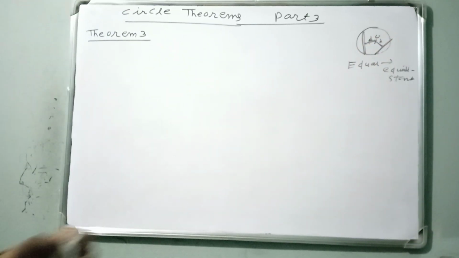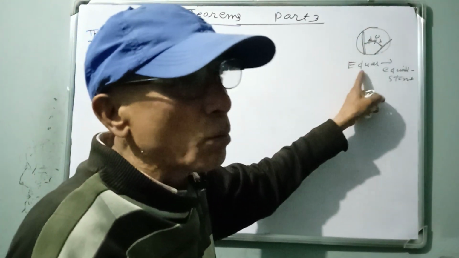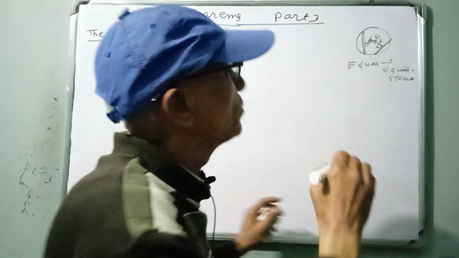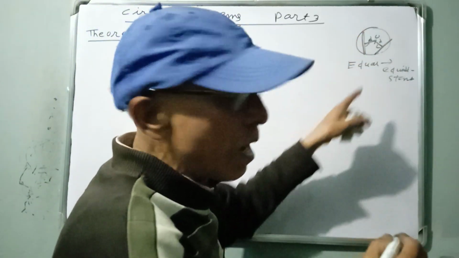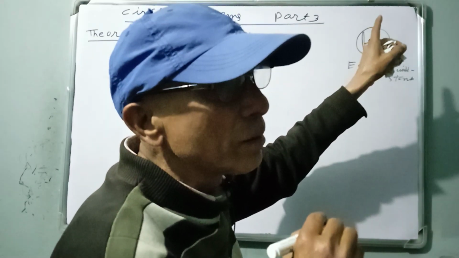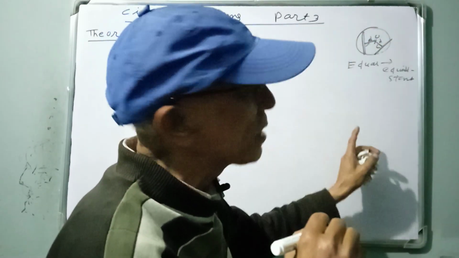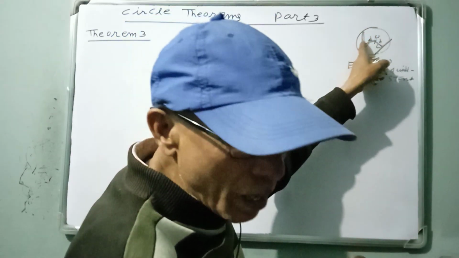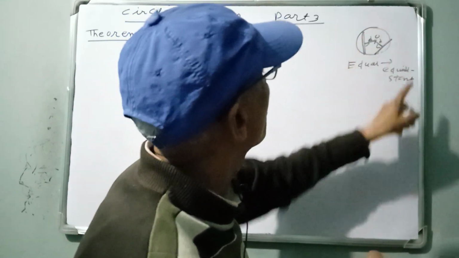यहाँ distance भन्नाले सेन्टरबाट कर्डमा ड्र गरेको perpendicular भन्ने बुझौँ. If two chords are equal, their distances are equal from the center. Chord equal छ भने सेन्टरबाट त्यसमा ड्र गरेको perpendicular equal हुन्छ.